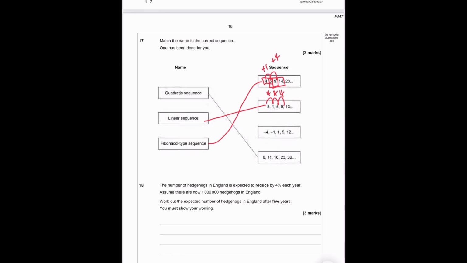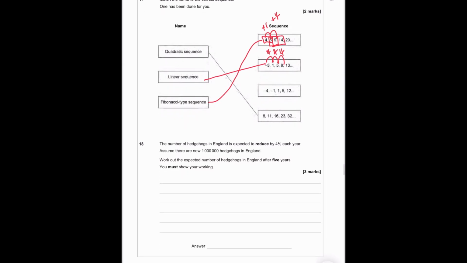The number of hedgehogs in England is expected to reduce by 4% each year. Assume there are now 1 million hedgehogs in England. Work out the expected number of hedgehogs after 5 years. Okay, so this is our compound interest.